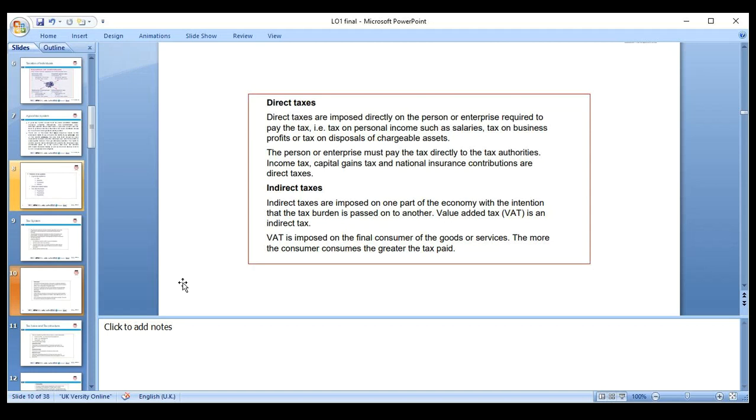So that's the key difference, direct and indirect. Anybody any question? If you have, we can explain. So how come the VAT is indirect tax? Indirect taxes are imposed on one part of the economy, but the tax burden is passed on to the other.